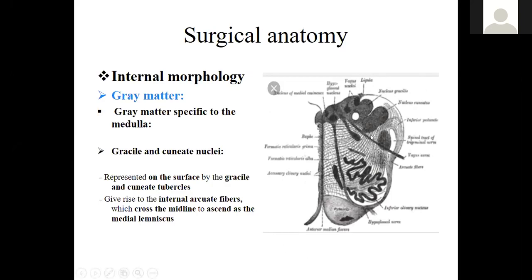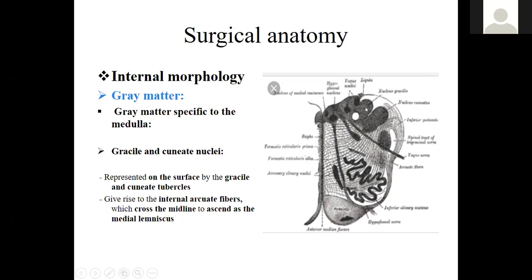So here we can see internal arcuate fibers, which cross the midline as they ascend to the medial lemniscus. Normally, the medial lemniscus will be medially here.